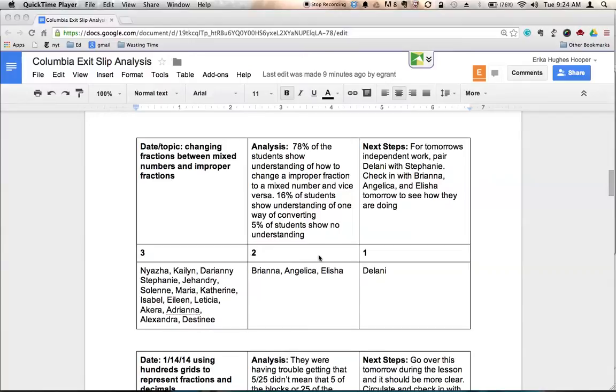So for this one that's on the screen, if the next day was a continuation of that objective, then I can make sure that I'm working closely with Delani to check that she's actually understanding the work really well, or that she's starting to gain a little more understanding.